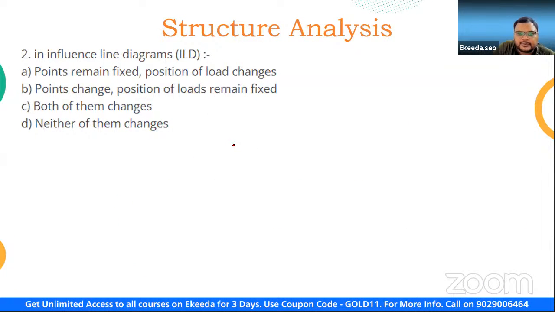Let us say this is a simply supported beam. This is point A. This is point B. Let us say this is L by 2 and this is L by 2. This is point C, right?